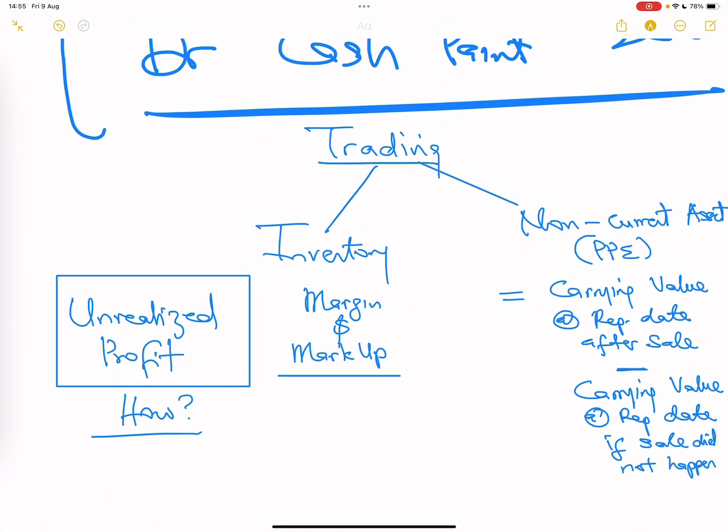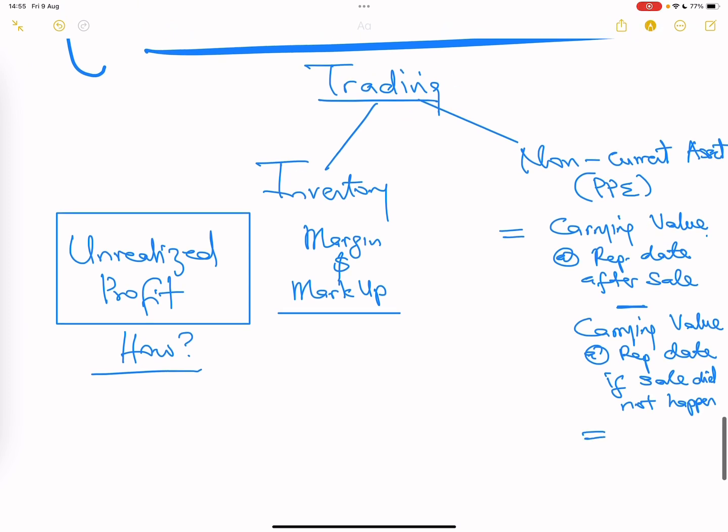So if that transaction did not happen, what would have been the carrying value? And as it has happened, what is the carrying value? The difference between these two is your unrealized profit anytime you have an item of non-current asset.